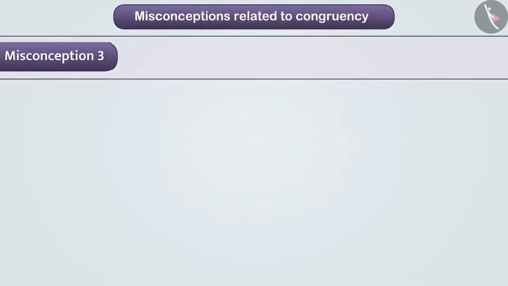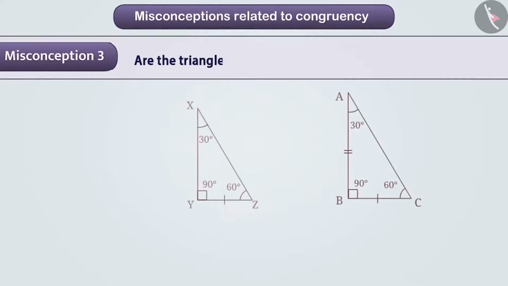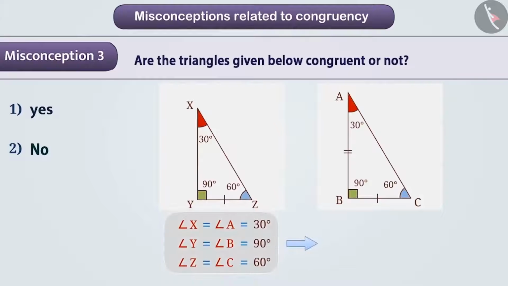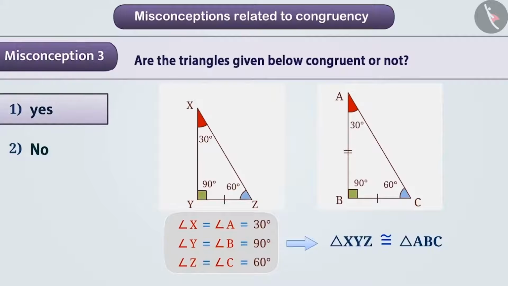Misconception 3. Are the triangles given below congruent or not? Some children notice that the angles of both the triangles have equal measures, so they think that the given triangles are congruent. And they select option 1 as their answer. Let's find out whether the answer given by them is right or wrong.